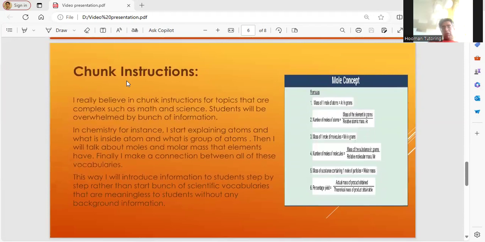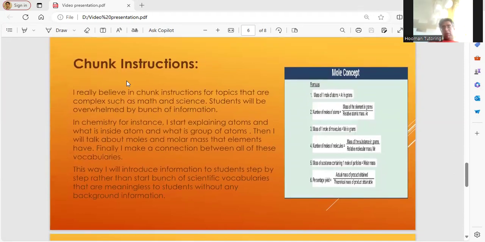Then there is chunk instruction. I really believe that chunk instruction for complex topics, such as math and science, will be very effective. In chemistry, for instance, I start explaining atoms, what is inside the atom, and what a group of atoms is.